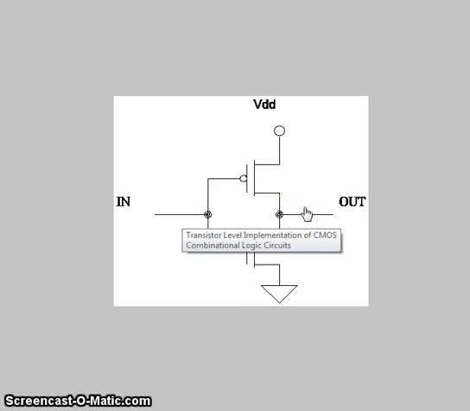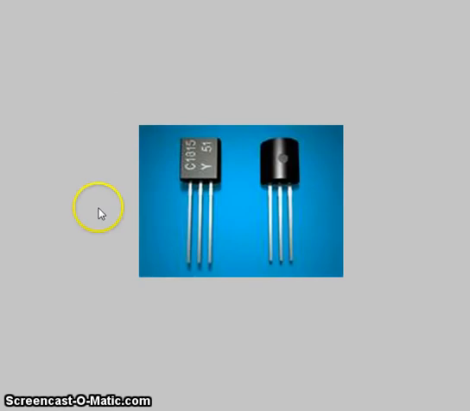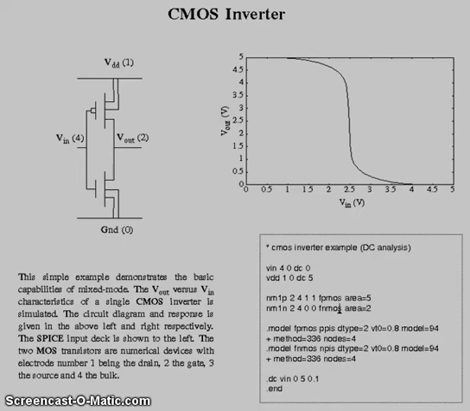So what kind of response do we expect? What we expect is that when we connect our input to a positive voltage, we will get a negative output. So notice here Vin sweeps from 0 to 5 volts. Our VDD is connected to 5 volts. Our ground is 0 volts.